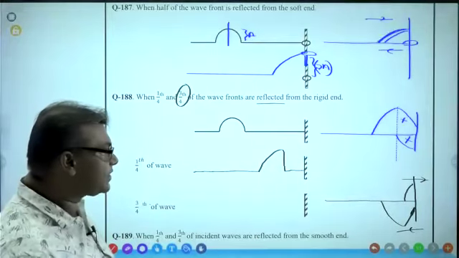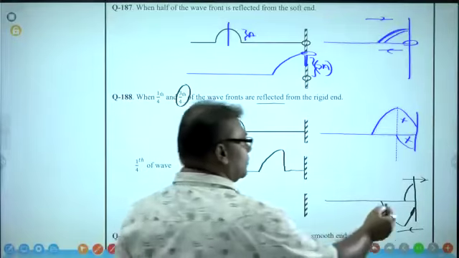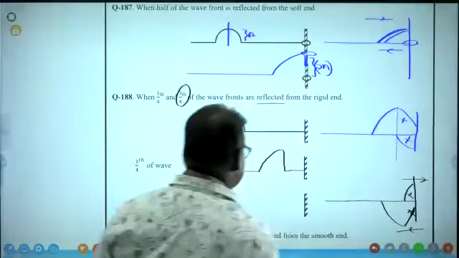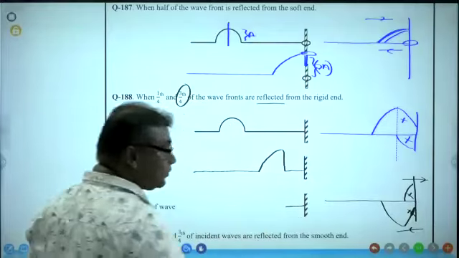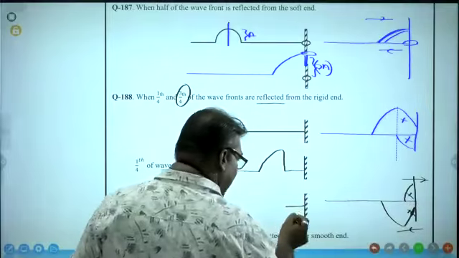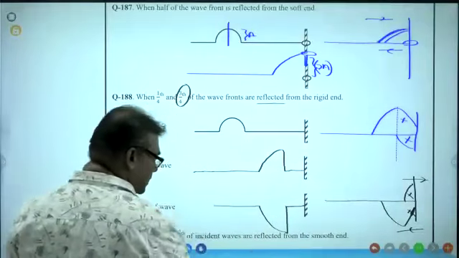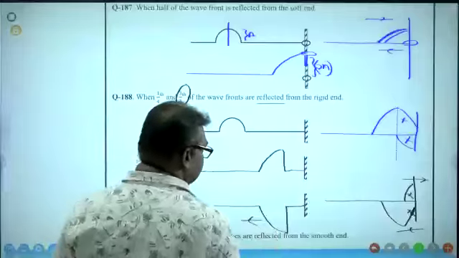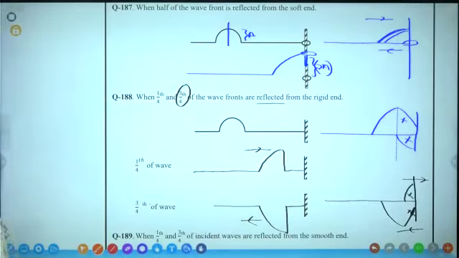Rigid reflection, non-inverting reflection. Then these two will be overlapped. Then you can see that string here, destructive interference, string only seen from here to here. And after that, arranging like this. Cool. Okay, 189.